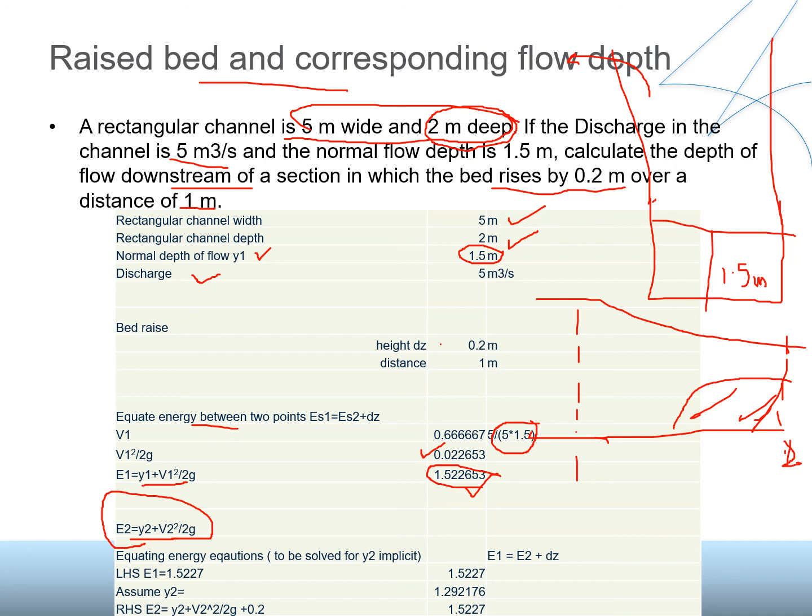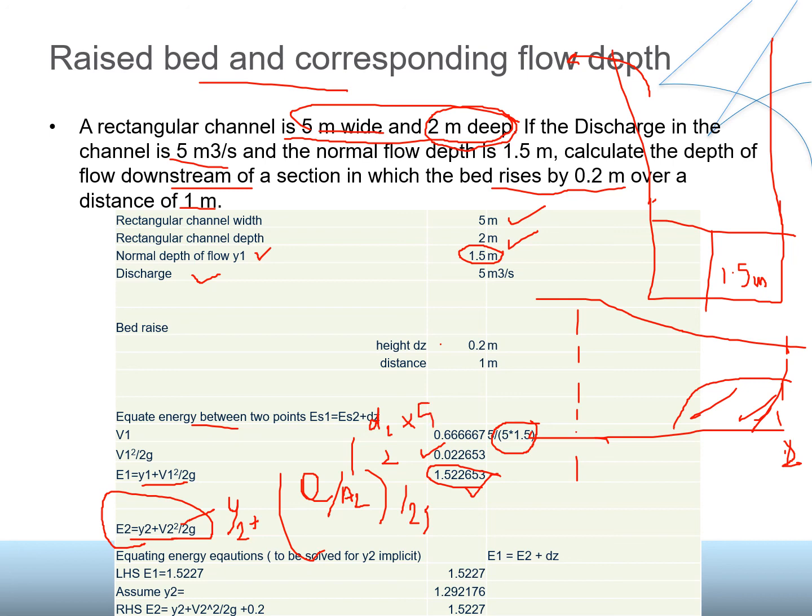If you change it like this, y2 plus velocity is discharge divided by area, squared, divided by 2g. Now in this equation the only unknown is y2, and area is d2 times b, which is 5 meter, right?